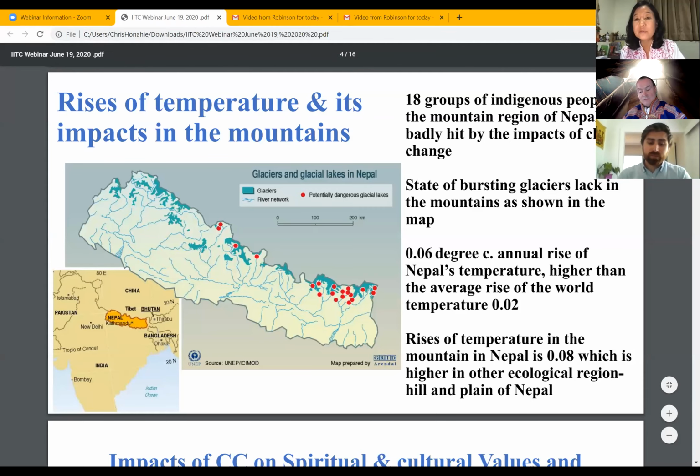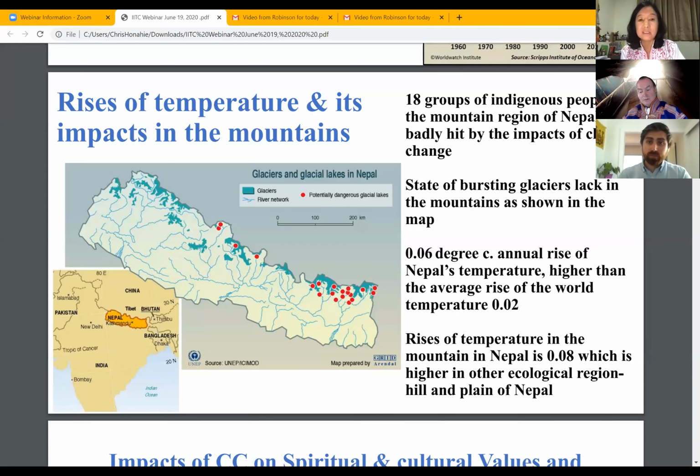Almost 18 groups of indigenous peoples in the mountains are really suffering and already hit by the impacts of climate change. The temperature rise in Nepal is much higher than the average rise of the temperature of the world, but the rise in the mountains is much higher than in the lower belt of Nepal. So you can see how it has impacts on their livelihoods.